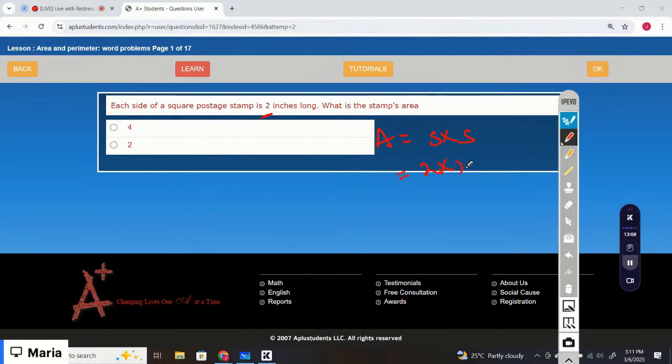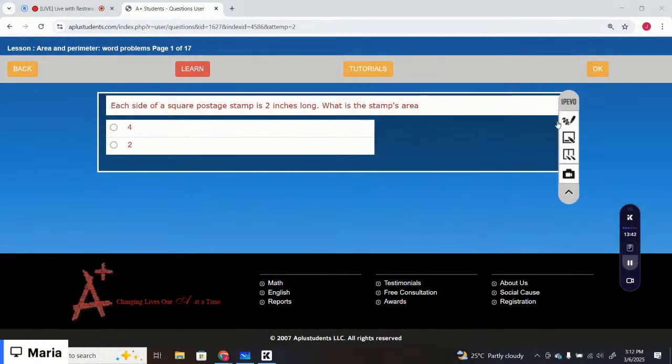Each side length is 2, so that is 2 times 2 equals 4. Option number 1 is the correct option.